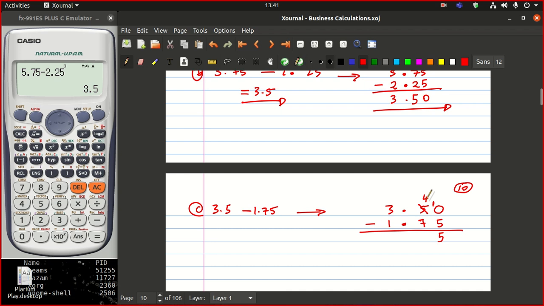And then 4 minus 7, we can't do anything of that nature because 4 is less than 7. So this 4 is saying, wait here my friend, I am going to go there and borrow something. So it comes here and borrows a 1, and then once I take a 1 here, I will be left with a 2.